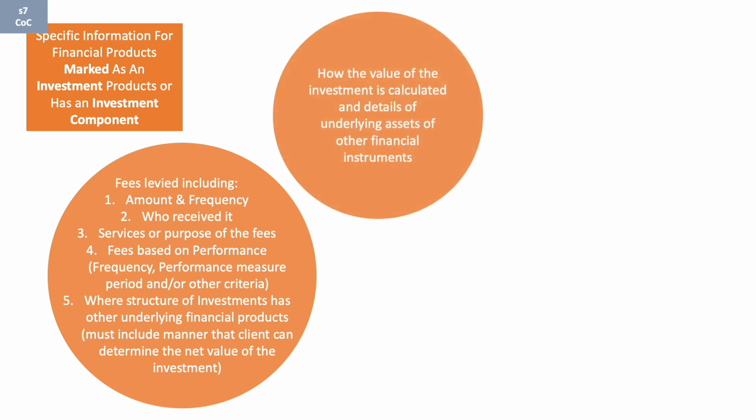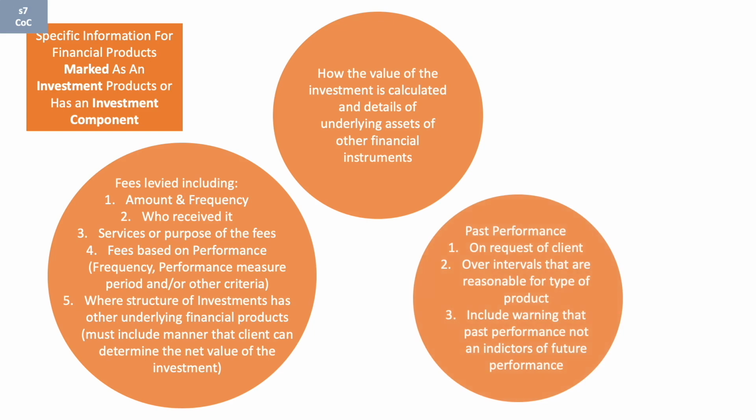Next, we need to disclose how the value of the investment is calculated and the details of the underlying or other financial instruments. We need to disclose the details on the past performance of the investment as well. 1. On request of client. 2.